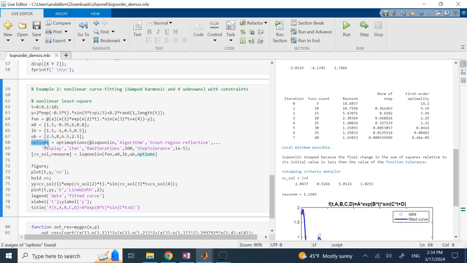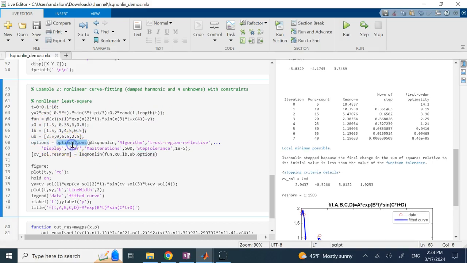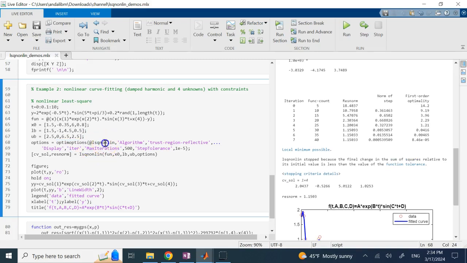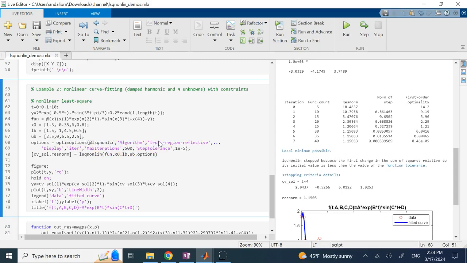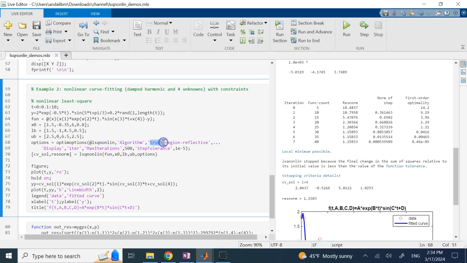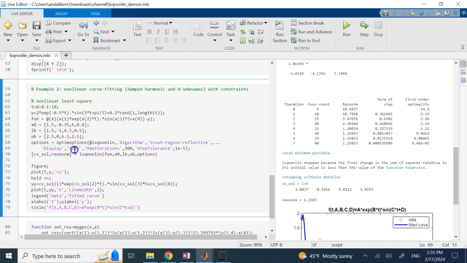I can also pass to it some options. So here I use the command optimoptions. And I say for this lsqnonlin, the algorithm is trust region reflective. I can say Levenberg-Marquardt or interior point. Then Display iter, so as you move on, the iterations show me the results.